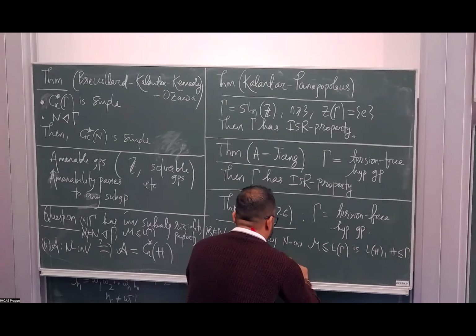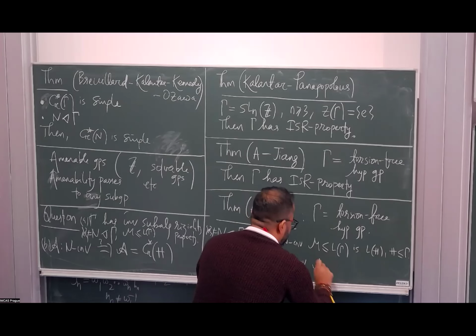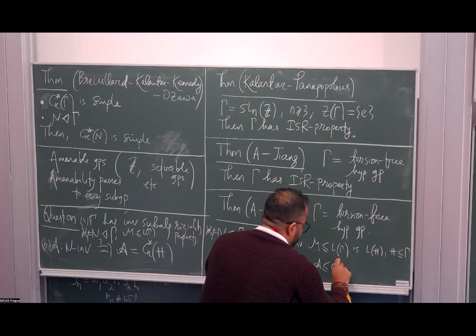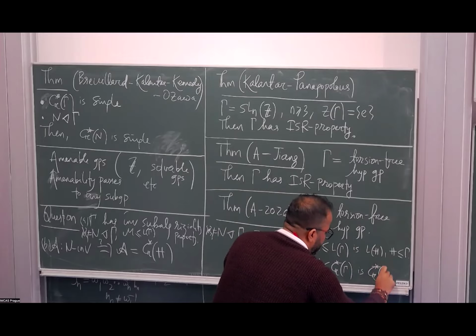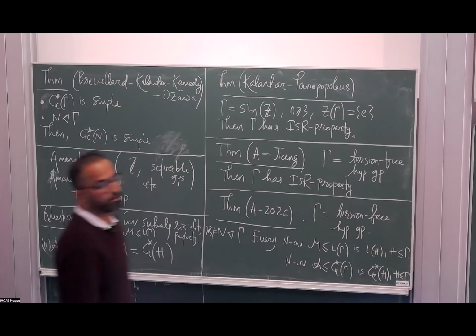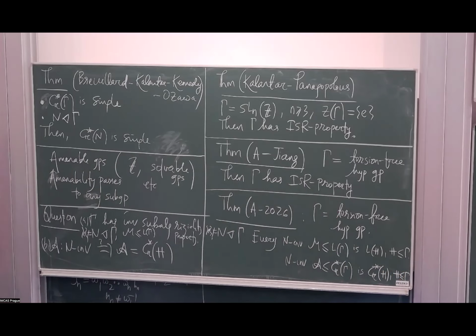And similarly, every N-invariant C star subalgebra is C_r star of H. So being invariant with respect to some non-trivial normal subgroup is enough to see this kind of rigidity property.